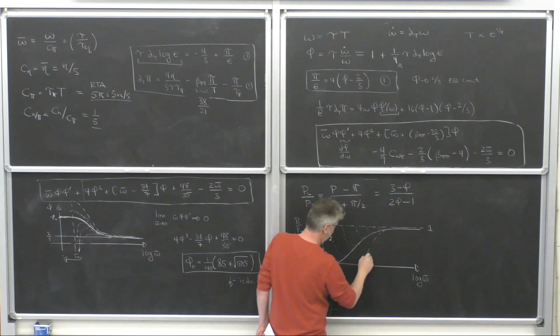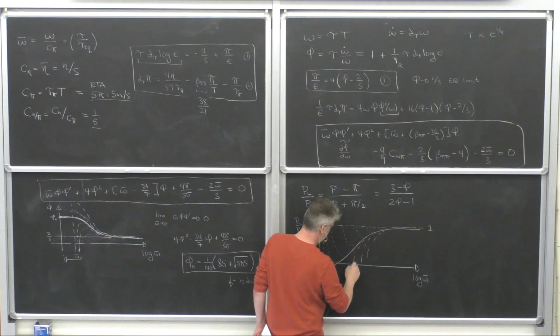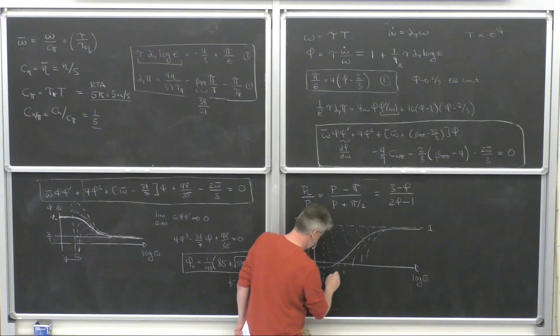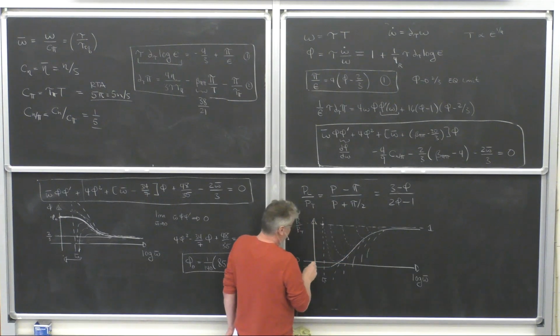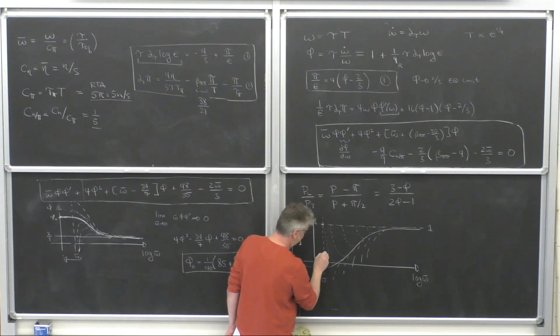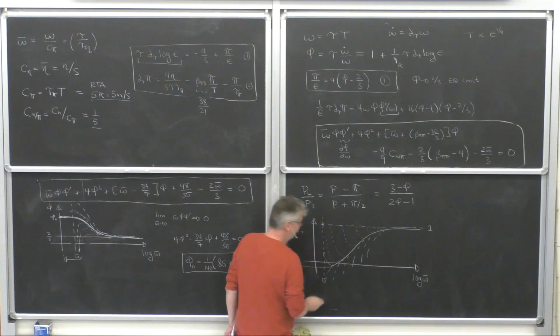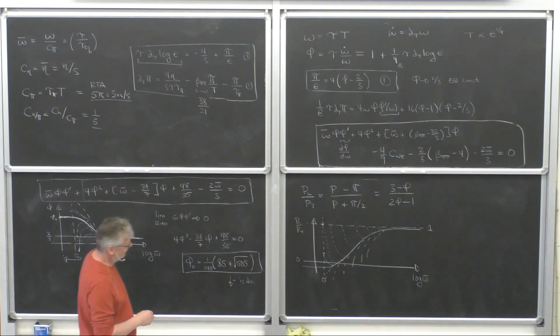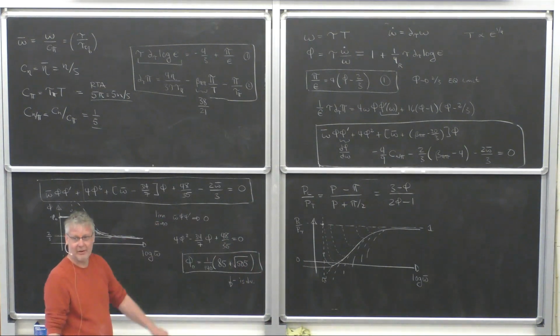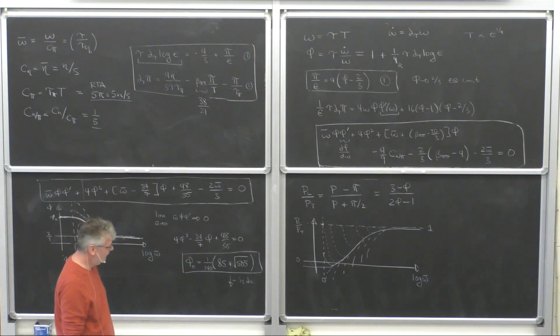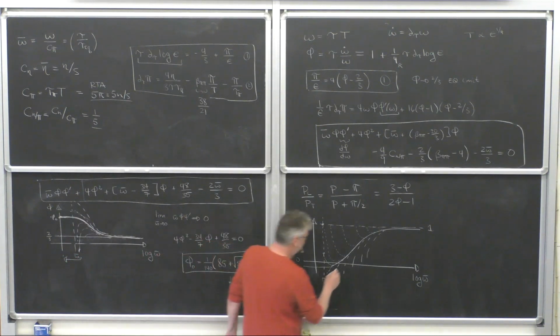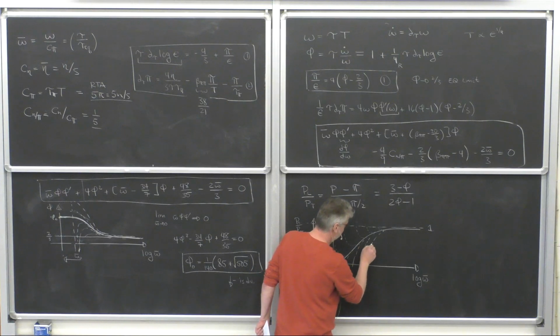And likewise, the same thing from below. I start at slightly anisotropic, I get a whole family of solutions that all just converge onto this line. My dotted lines are not great down here. I should have made them a little bit more readable.